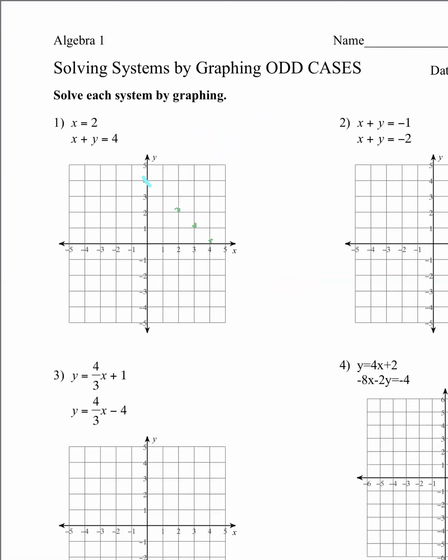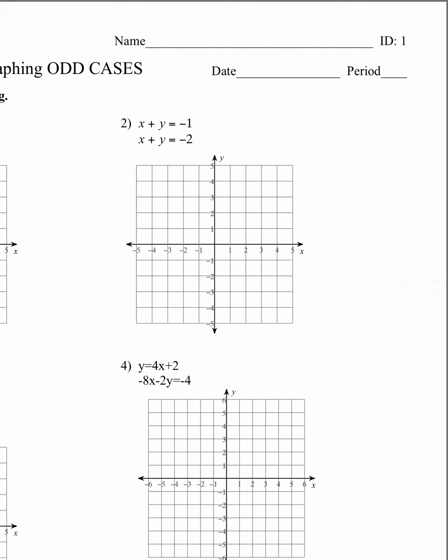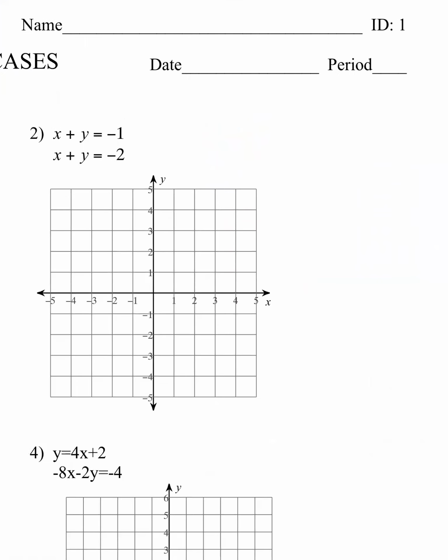So if we scroll over to number 2 here, let's check this one out and see if anything weird happens this time. The top one, you can do that with intercepts if you want. They're both going to be -1 if you cover them up. If you want to rewrite into slope-intercept form, go for it.